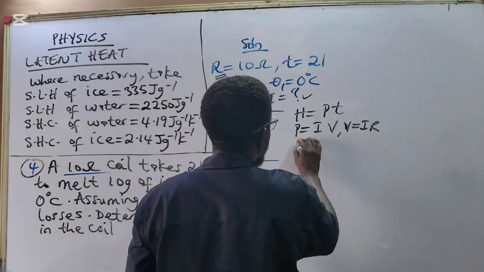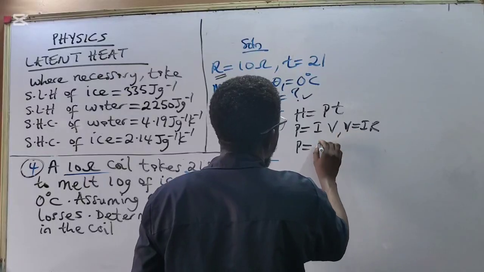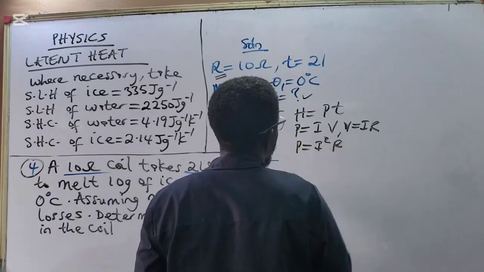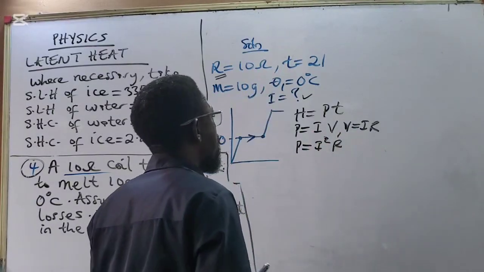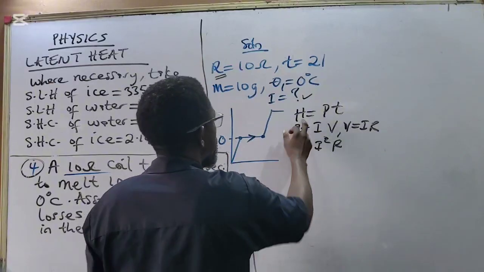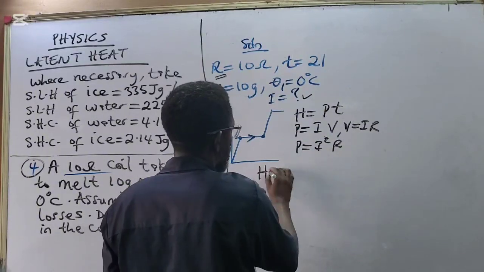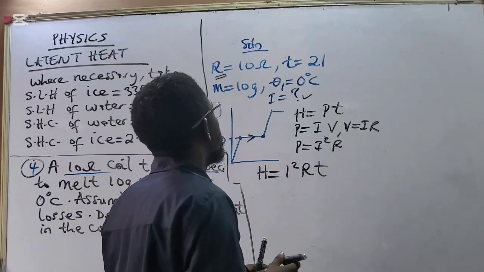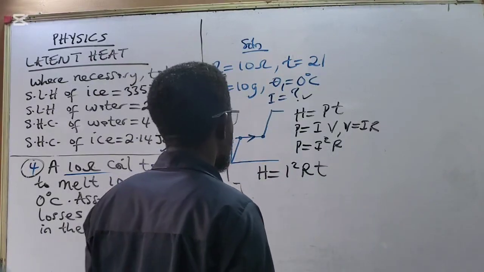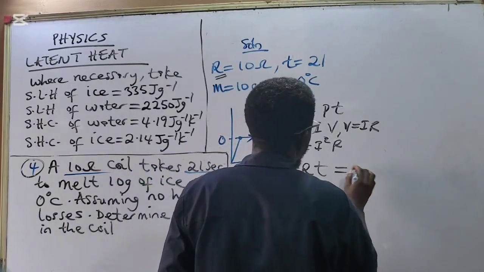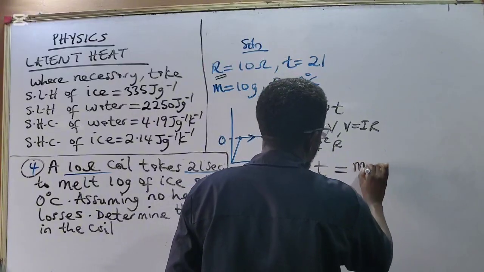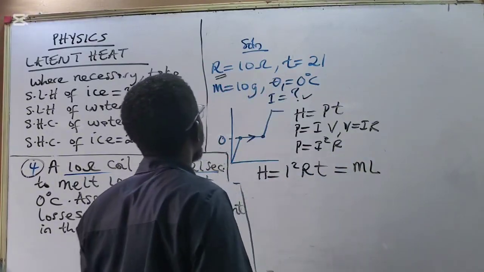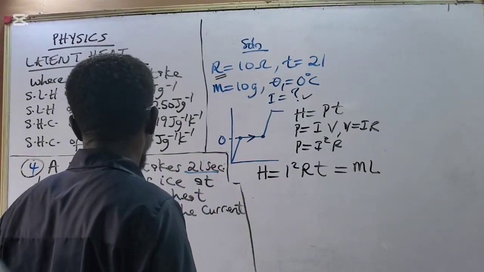That means P will be I squared R. So that H will now be I squared R t. So I squared R t, that's the heat supplied, will be equal to m L.